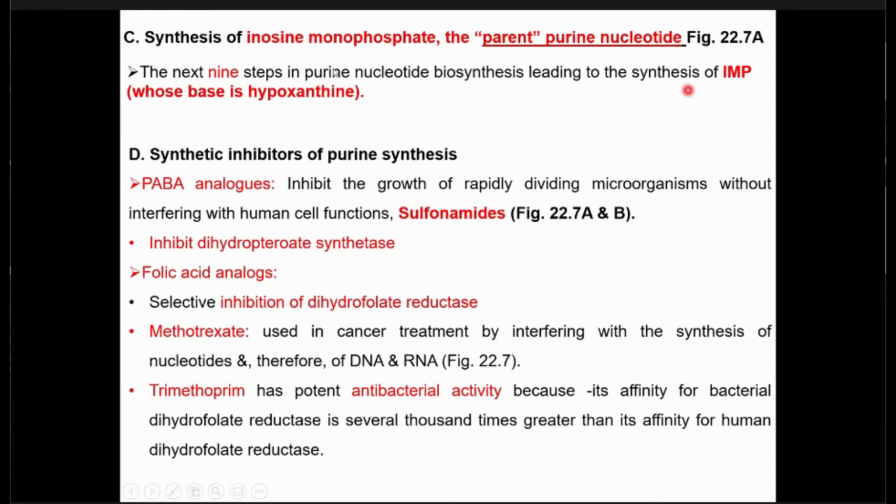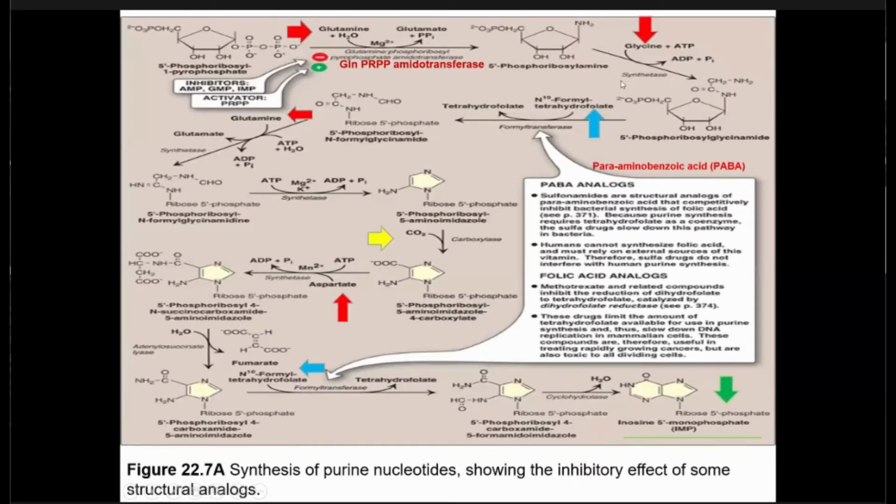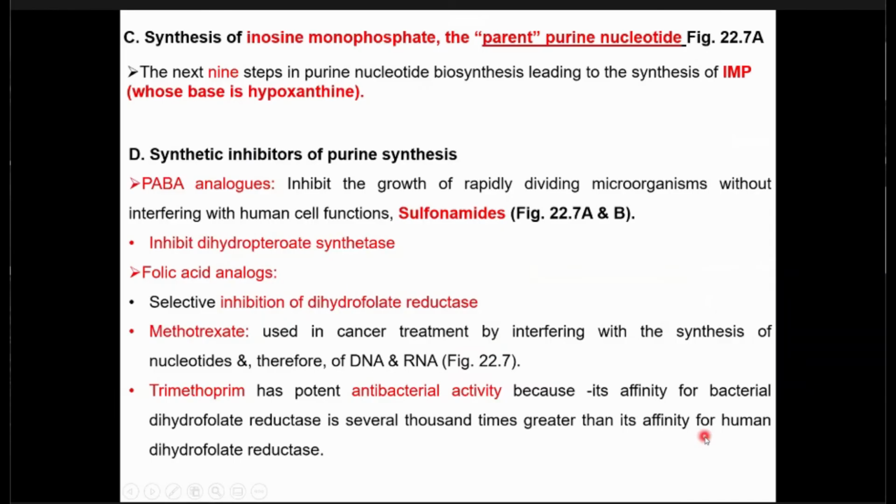And as I mentioned, there are 9 steps. We are not interested in these steps. What is important for us is that after all these 9 steps, we end up with inosine monophosphate, which is important for us. As I mentioned early on, there are some inhibitors of purine synthesis used to treat bacterial infection or cancer.